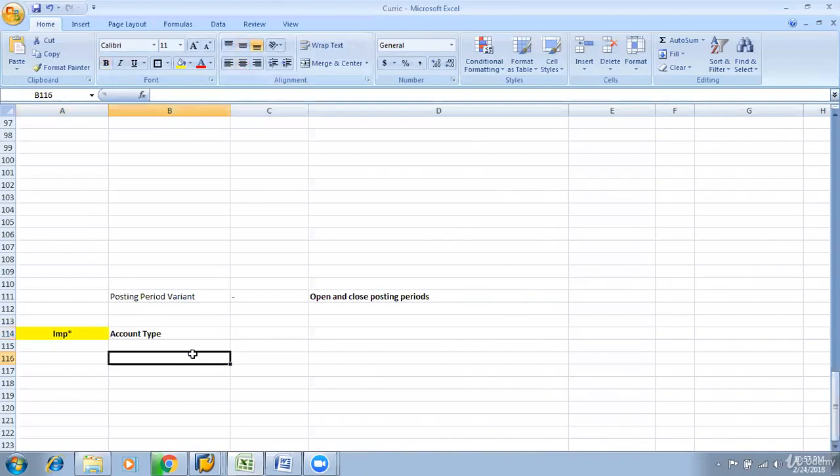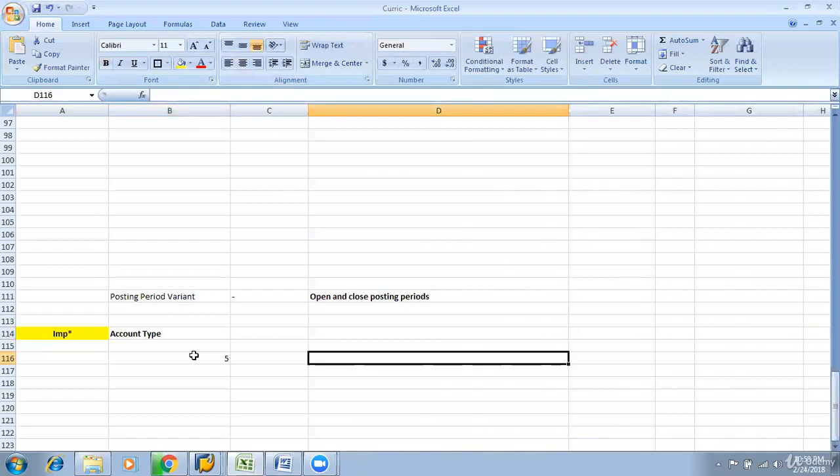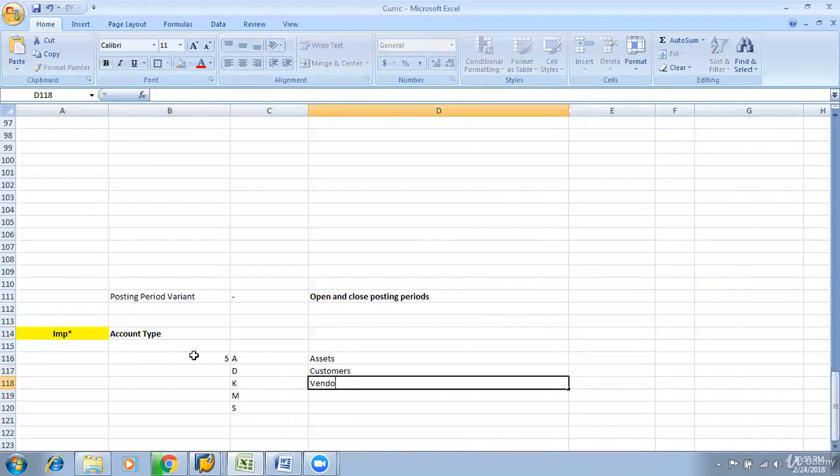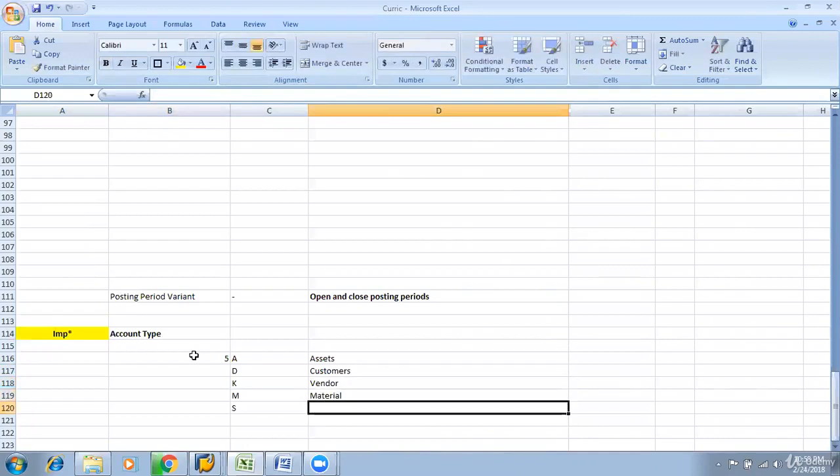In SAP, basically you have 5 types of accounts. That's A, D, K, M, and S. A stands for assets, D stands for customers, K stands for vendors, M stands for material, and S stands for general ledger, basically GL.